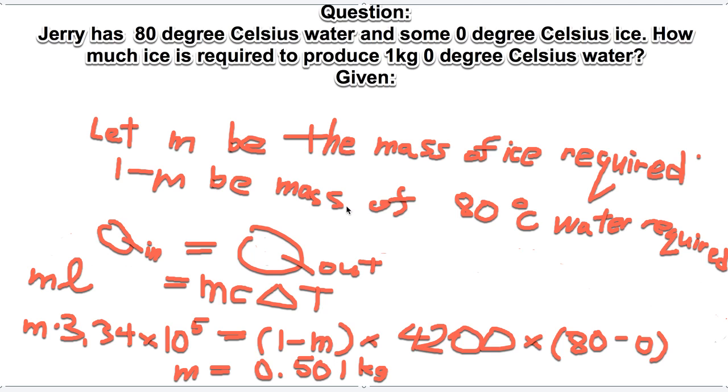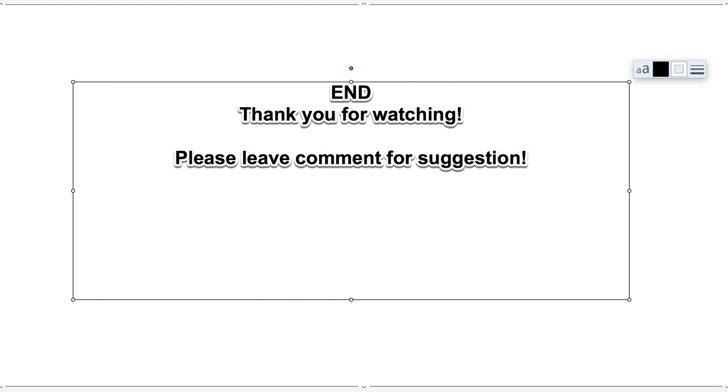And some of you may wonder why we need to set m and 1 minus m. In this question, the resultant water is 1 kg, so we don't actually know what amount of ice and what amount of 80 degrees Celsius water we are required.